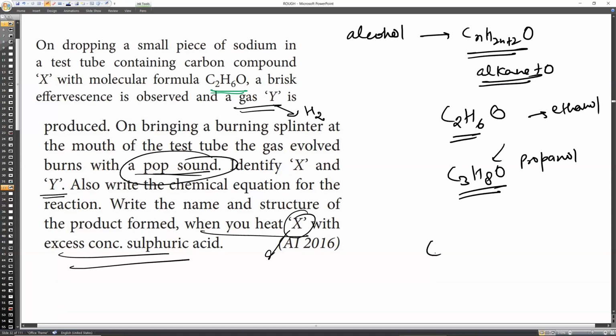If I ask what the formula for pentanol is, it is C5H12O. This is the condensed formula for pentanol.